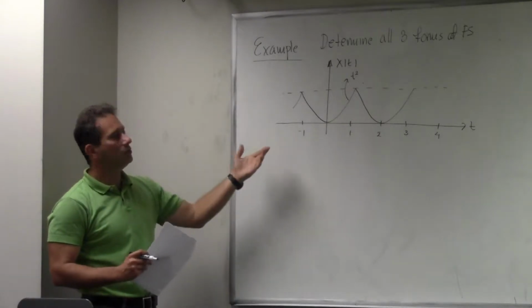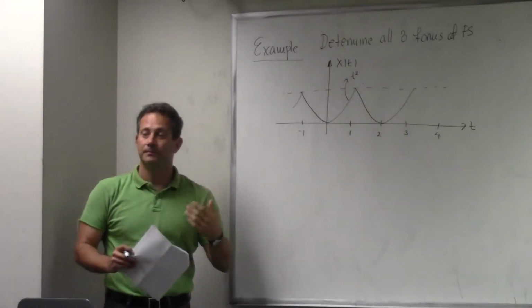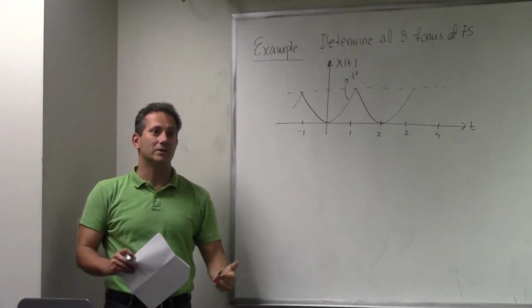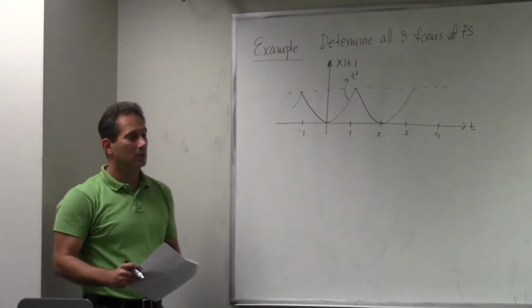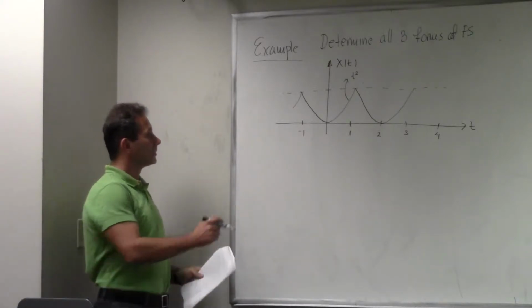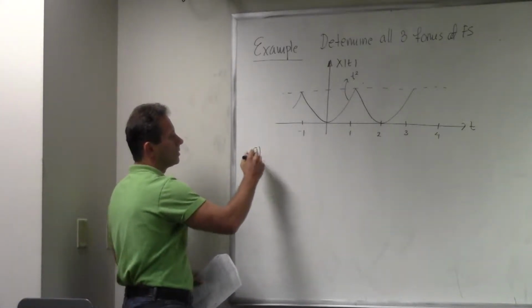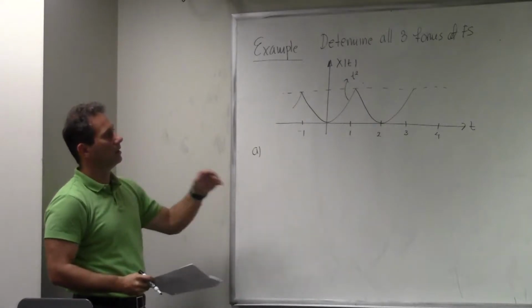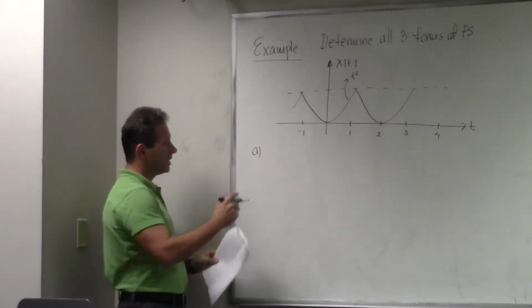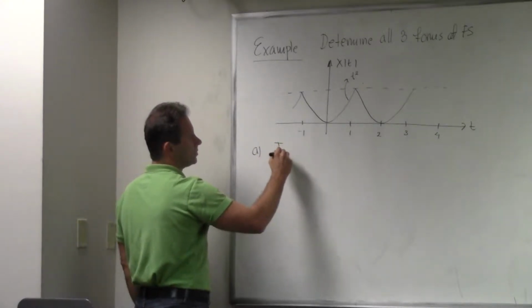So how do we do these kind of problems? As usual, what I try to do is systematically give you a recipe that you need to follow in solving these standard problems. The first thing that you do, before you even start working with your series coefficients, is ask: what is the period?